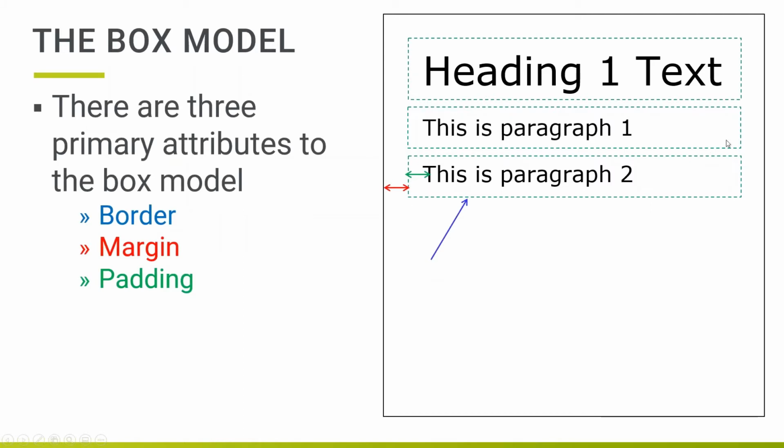So the invisible box itself has a width, and that is a value known as border. The edge of the available area, and I say that because if it's a web browser, that would be the edge of the browser window, but if it's a PDF, it would be my margin. So from the edge of the available area to the invisible box that you can't see, that's your margin value.